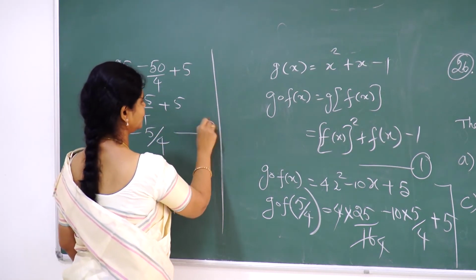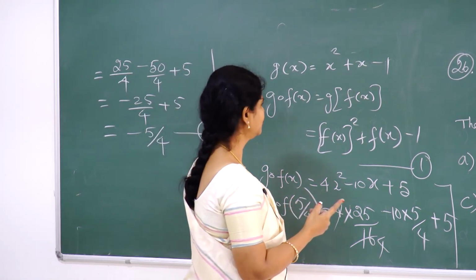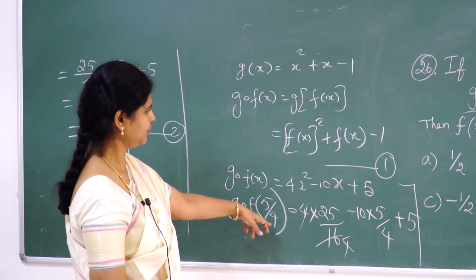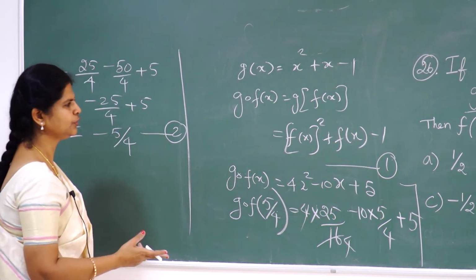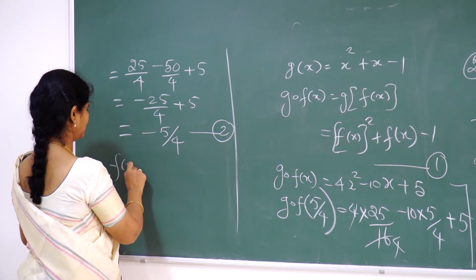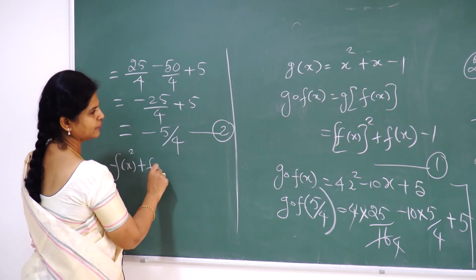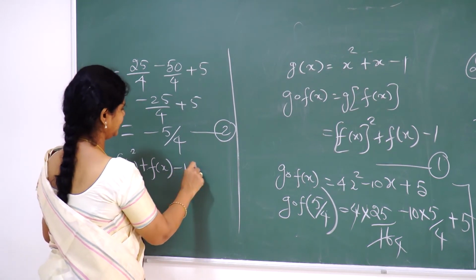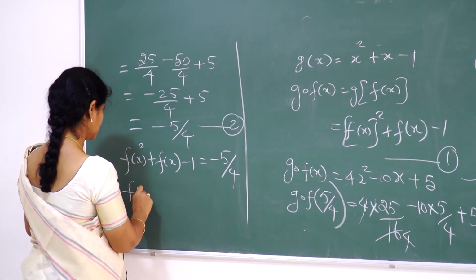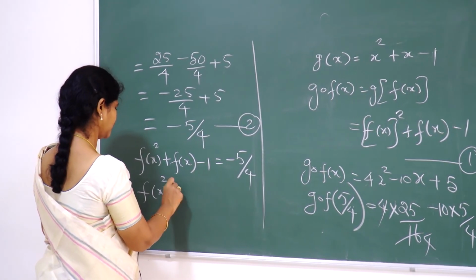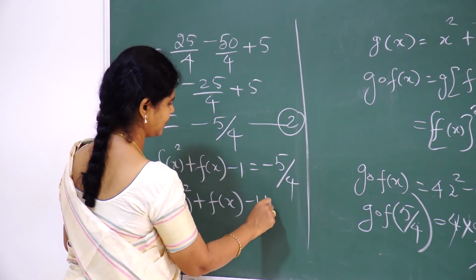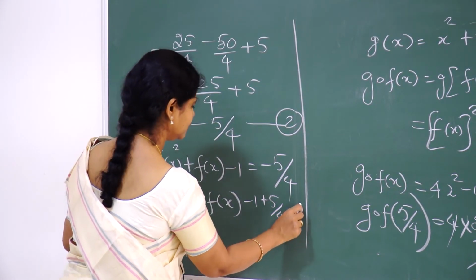This is number 2. So equating 1 and 2, this is g composite f of x and this is g composite f of 5 by 4. Equating these two, you get the f of 5 by 4 value. So f of x the whole square plus f of x minus 1 equals minus 5 by 4. So you get f of x the whole square plus f of x minus 1 plus 5 by 4 equal to 0.